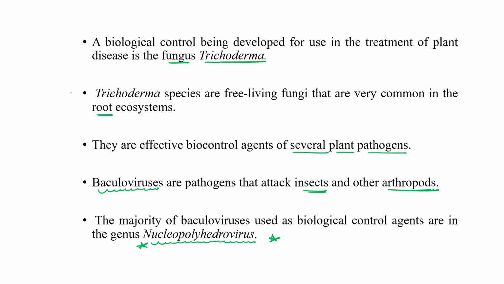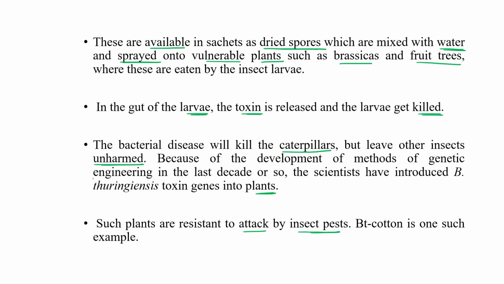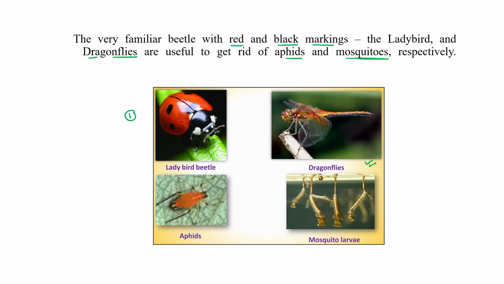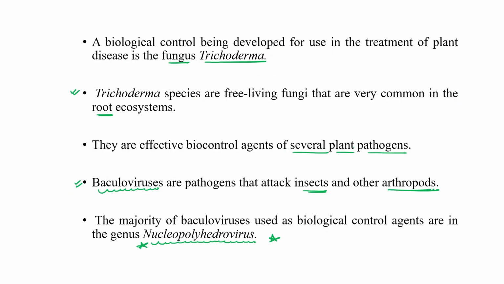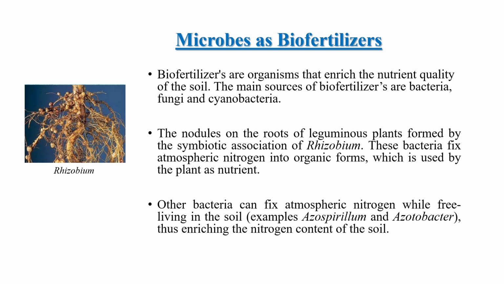So fungus as a biological agent, virus as a biological agent, bacteria, Bacillus thuringiensis as a biological agent. Some insects like ladybird beetle and dragonfly are also biological agents. This is the main principle of using biological material or life forms to control the pest.